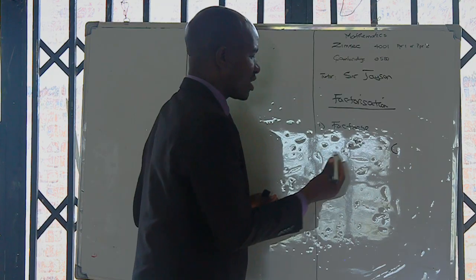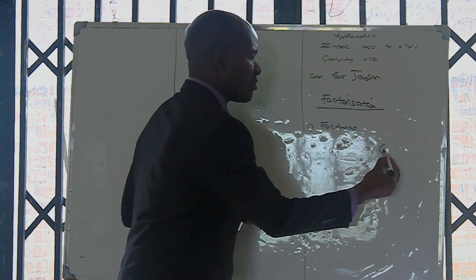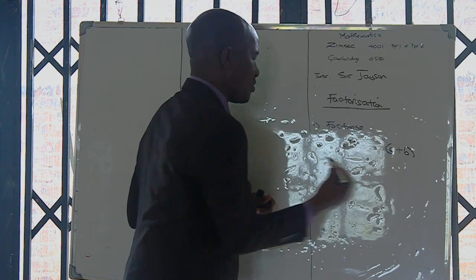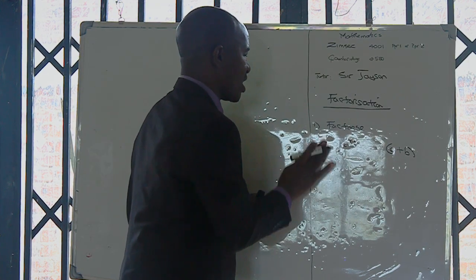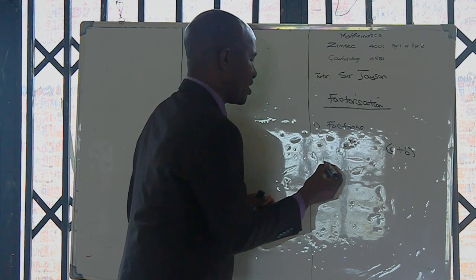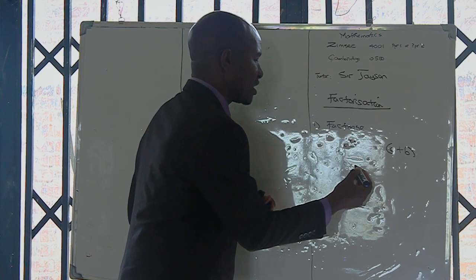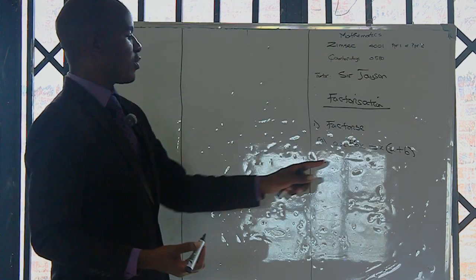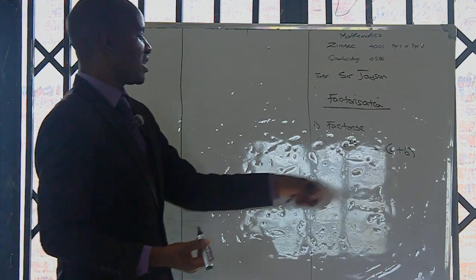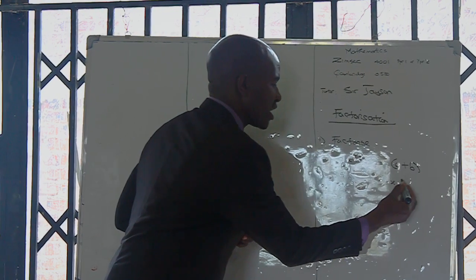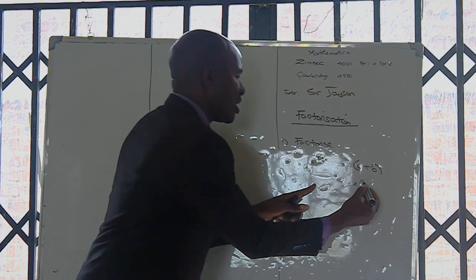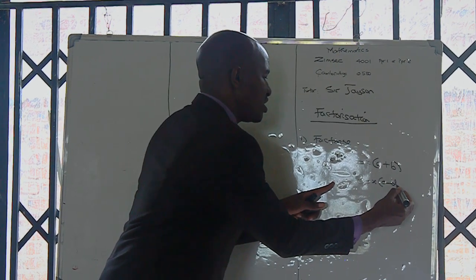After factoring out x, we remain with a plus b. Then cx minus dx. Again, we look for the common letter, it's x. We factor out x, and we remain with c and d.